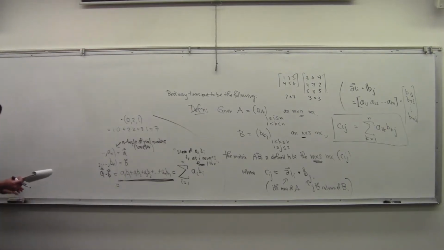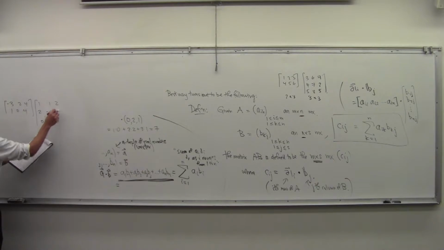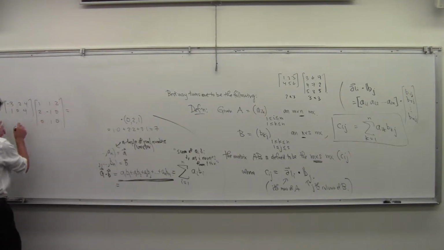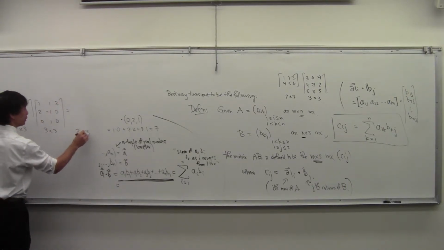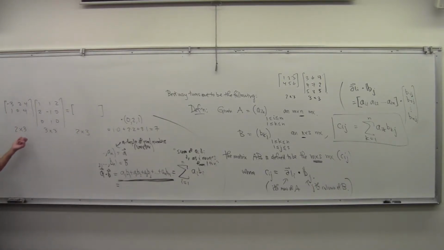Okay. So like I said, let's just bring this down to earth. If I have some product of matrices, the way you calculate it is, well, this is a 2 by 3, this is a 3 by 3, so I know this is going to be a 2 by 3 matrix, right?